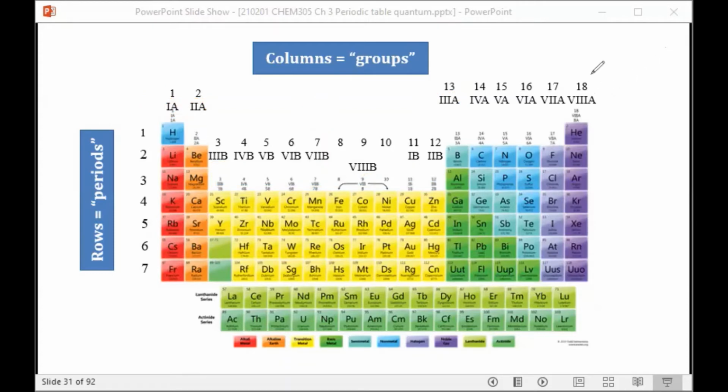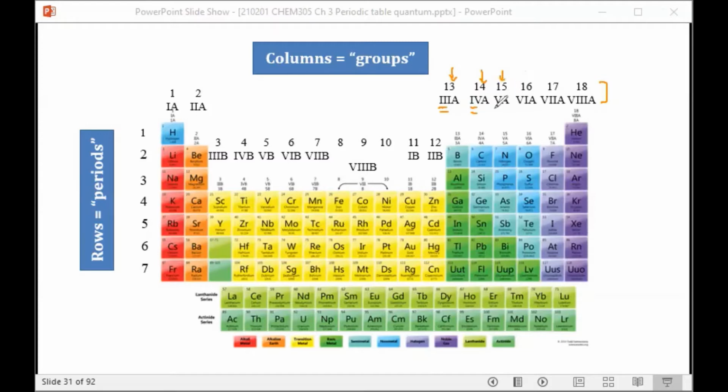The way that I can quickly remember these two different methods, especially for the right-hand side of the periodic table, is that if I always just number across 1 to 18, then the Roman numeral corresponds to the second digit in the number. So column 13 is 3A. Column 14, which has a 4, is 4A.